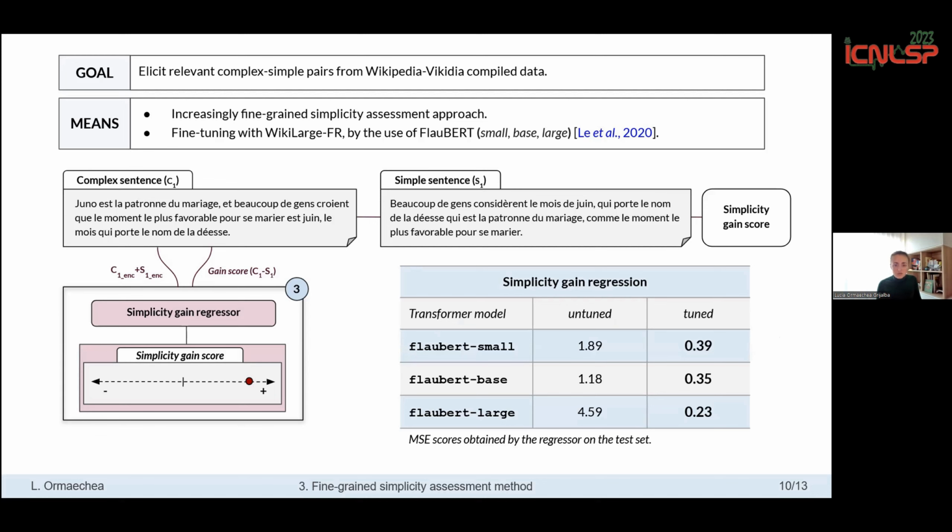And the table shows that tuned models achieve a much lower mean square error than the baseline. And the best performing one, FlauBERT large, yields 0.23, which is good, but suggests that we still need to optimize the model hyperparameters in the context of our application.